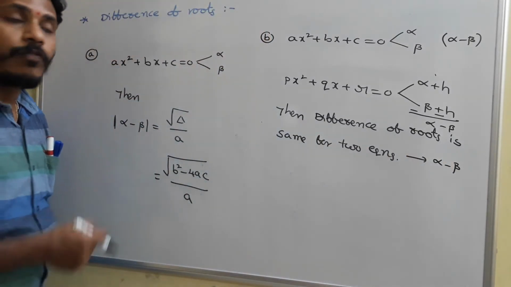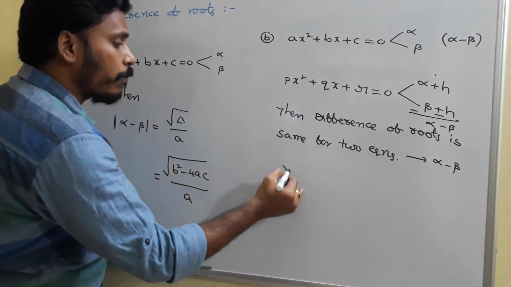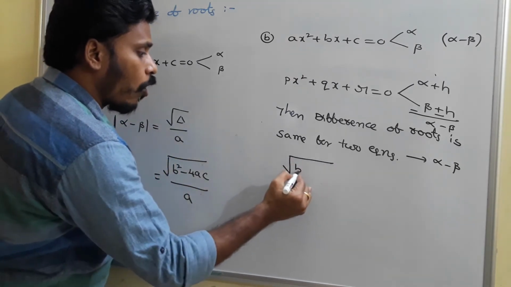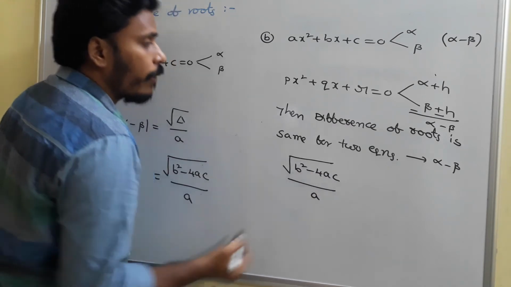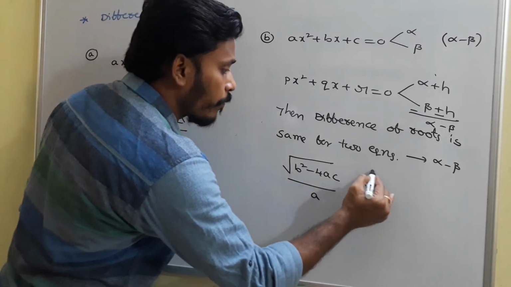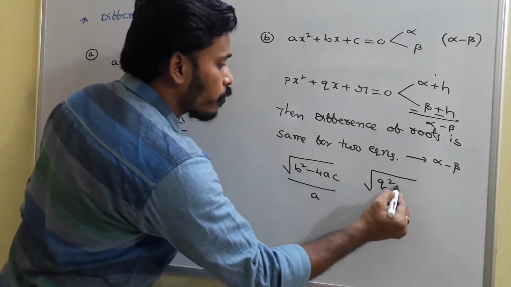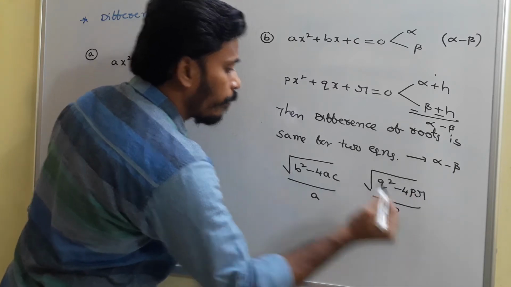And since the difference of the roots is the same, for the first equation the difference of the roots is simply the square root of b² minus 4ac, divided by a. And for the second equation the difference of roots is simply the square root of q² minus 4pr, divided by p.